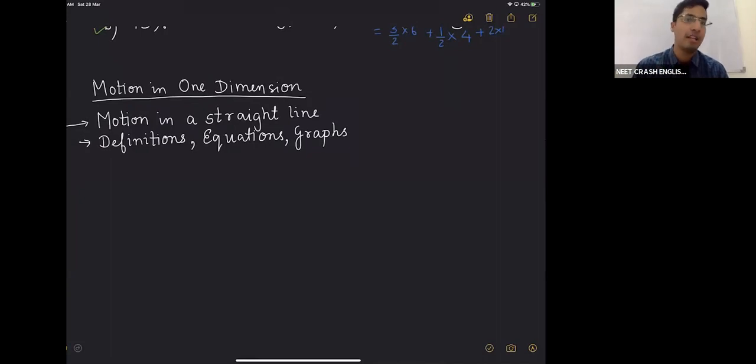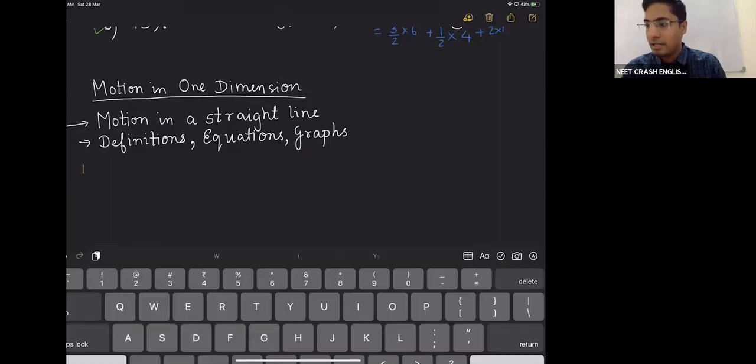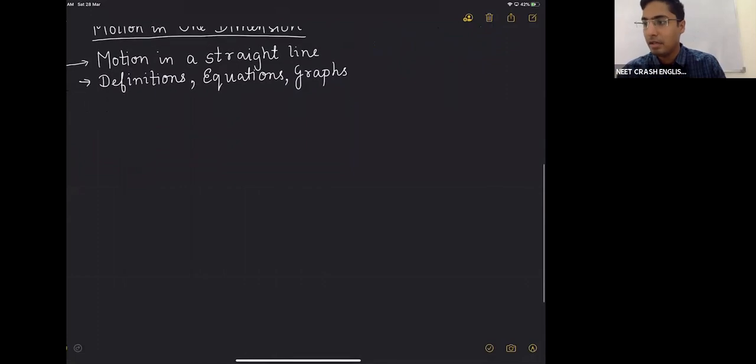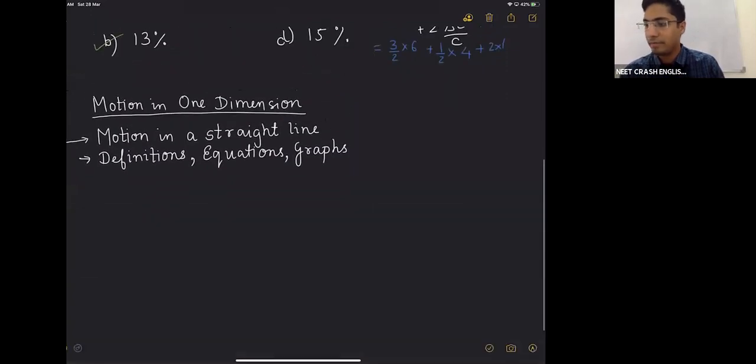So now in motion in one dimension, we use different terms to describe motion. There are three terms that are frequently used to describe motion. First is displacement.